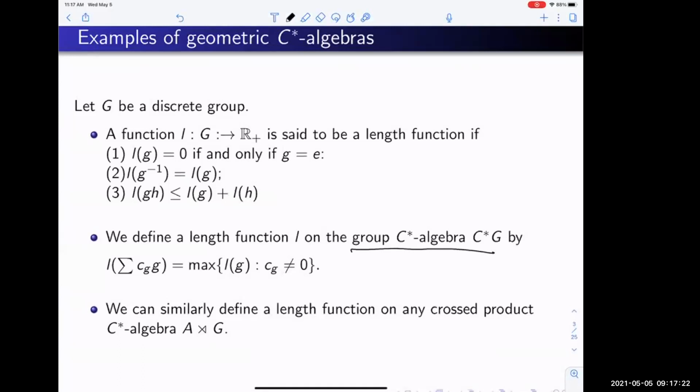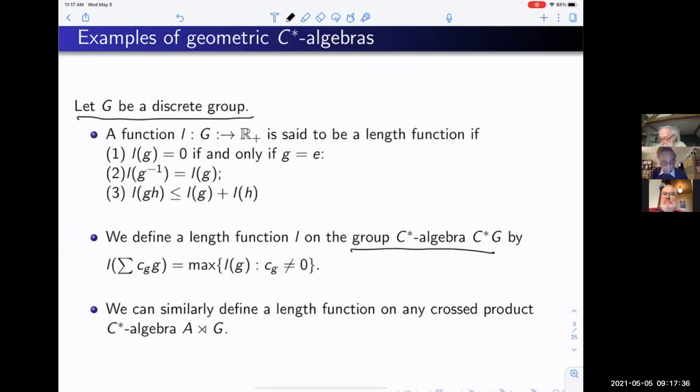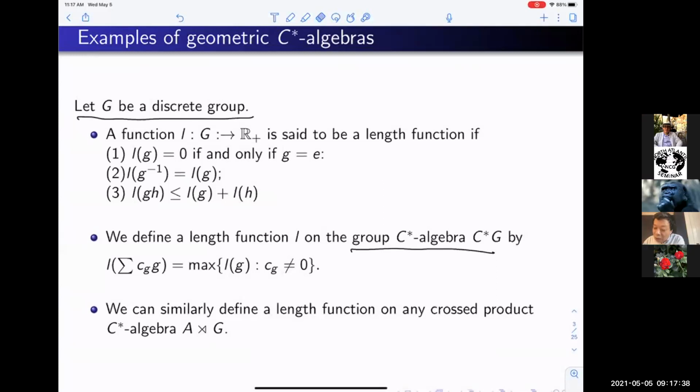The concept of geometric C*-algebra is very much motivated by the concept of geometric groups. If you have a discrete group, you can always put some natural length function on it.